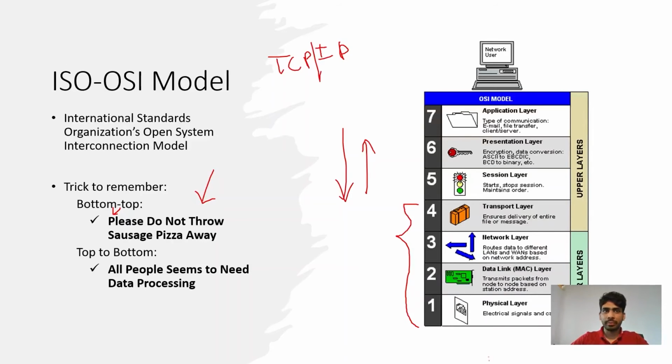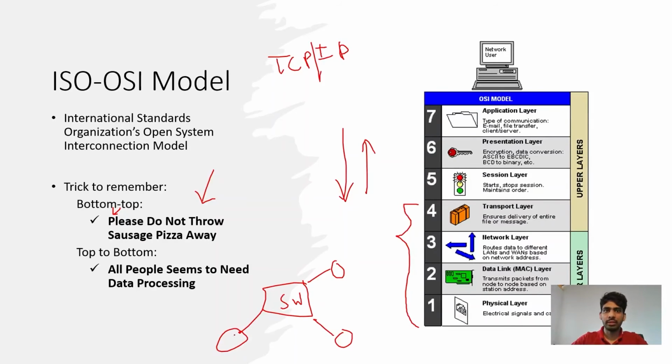The data link layer is about node to node communication. Just think this is a switch, and there are multiple devices connected. If this device wants to send a message to this device, the switch gets the message from here, checks the destination, and transfers it.